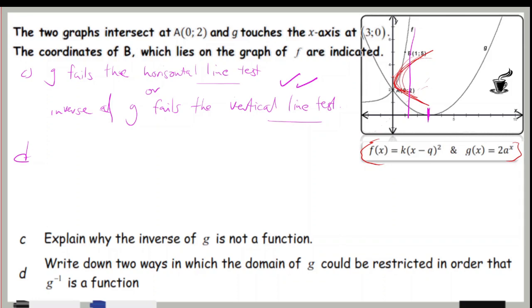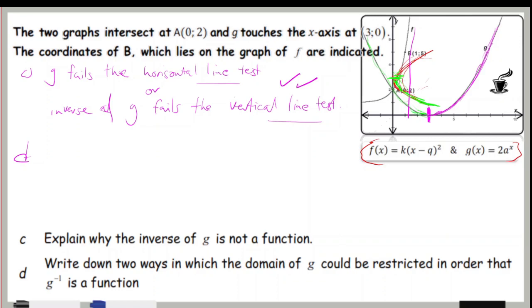We need the turning point for that, because if we only have a function that descends from left to right to that point, it's going to split, and then that part over there will pass the vertical line test. Or we can do it the other way around as well.